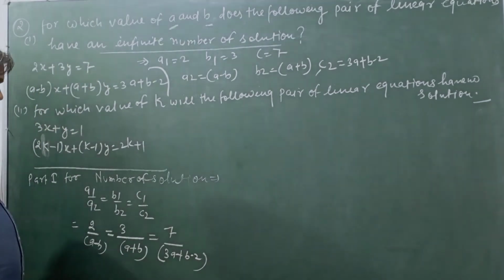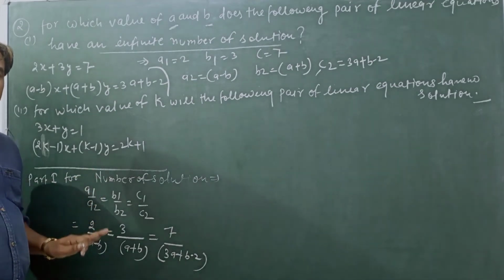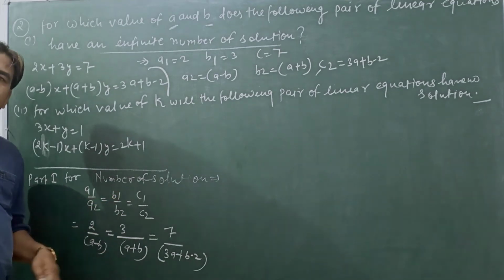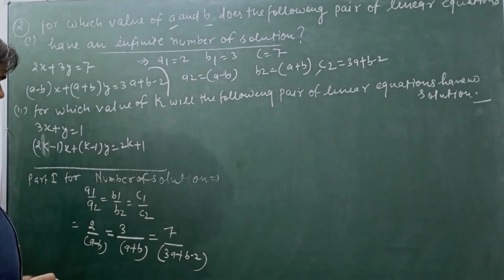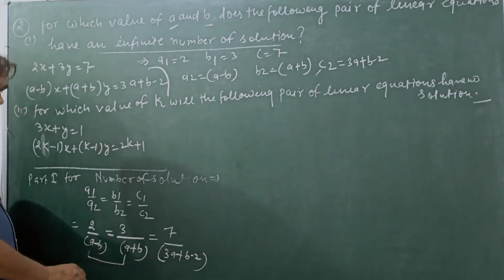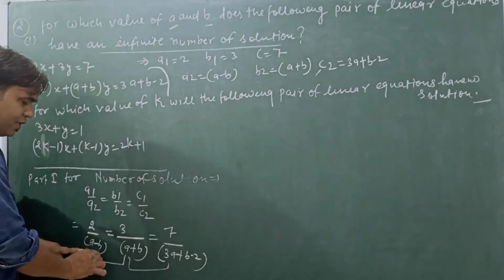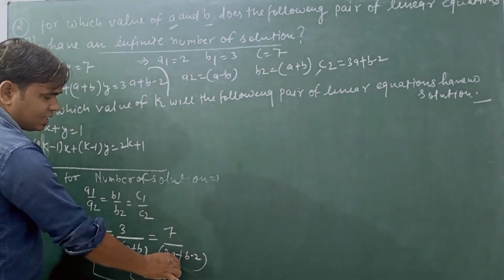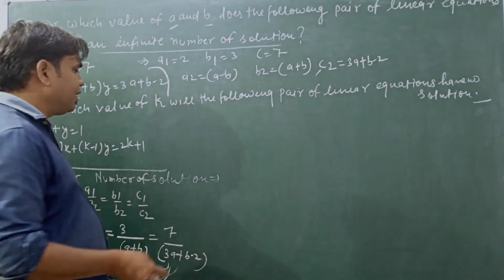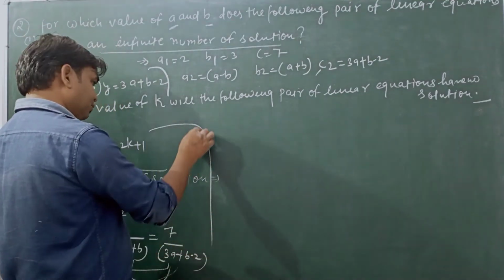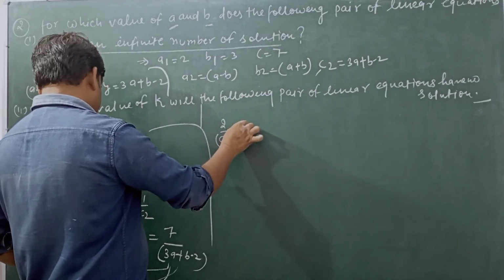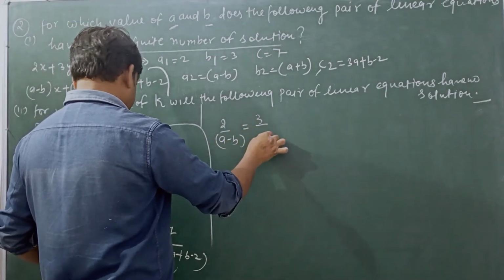For infinite solutions we apply this condition, and then we can compare first and second and third, or first and last, or second and third, as you like. So we take 2 over a minus b equal to 3 over a plus b.